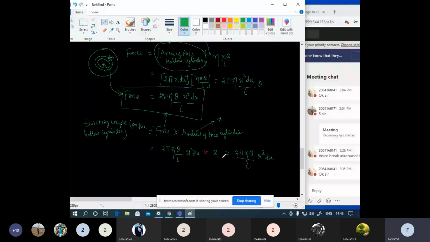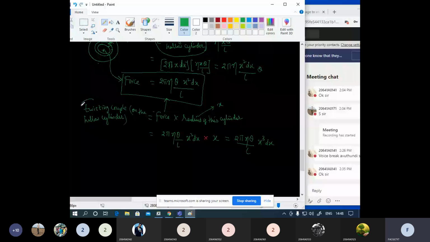This is the twisting couple experienced by the hollow cylinder.